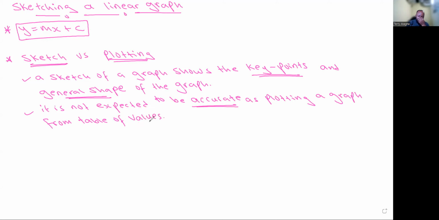A sketch just gives an estimate, but it's not really down to scale.